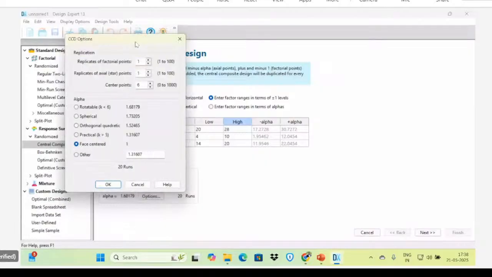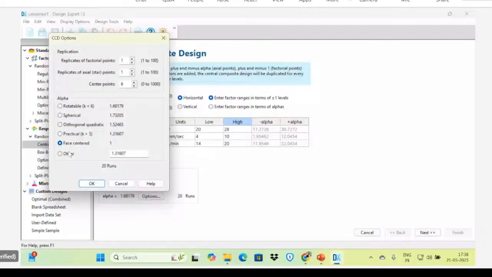If you take other than 1 as the k value, then the alpha value will be changing. It will not be in the middle of the range you have taken, like 20 to 28, where the middle value is 24. If you take a different k value, then the middle value will be changing.